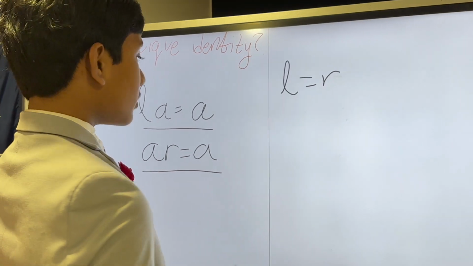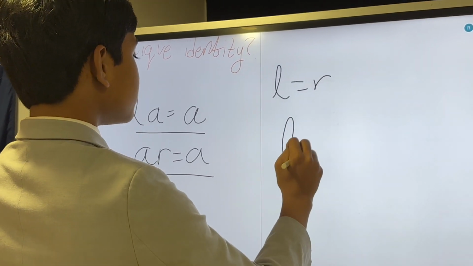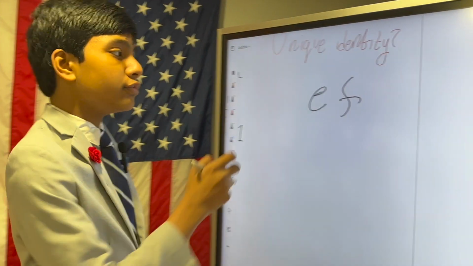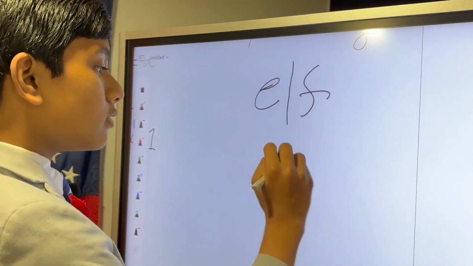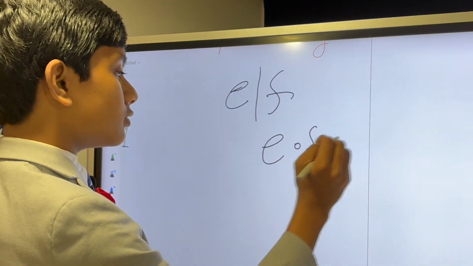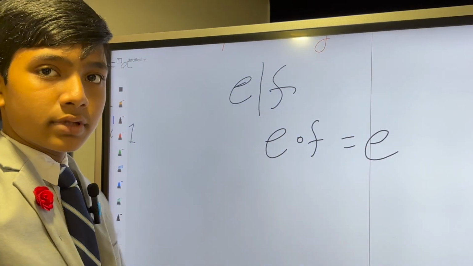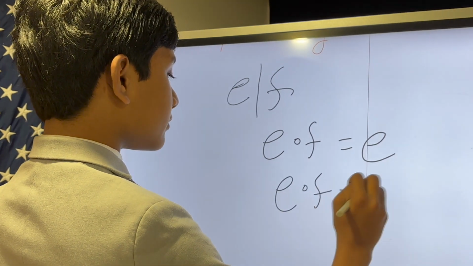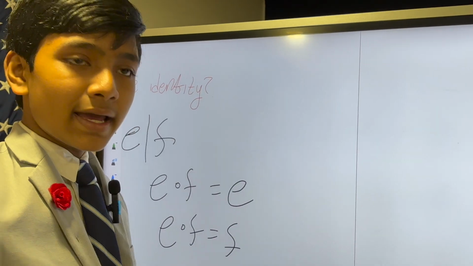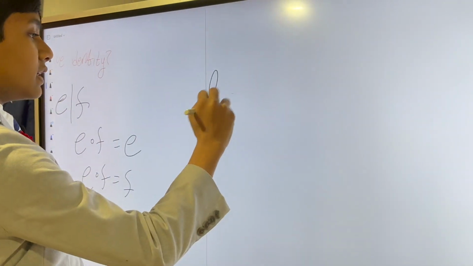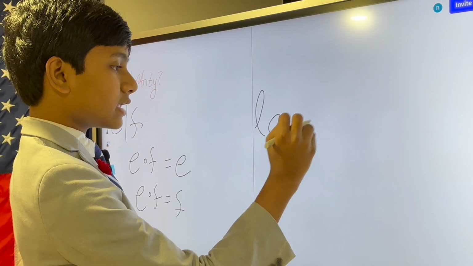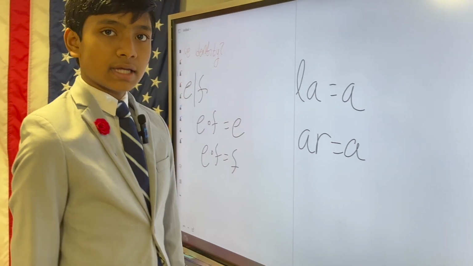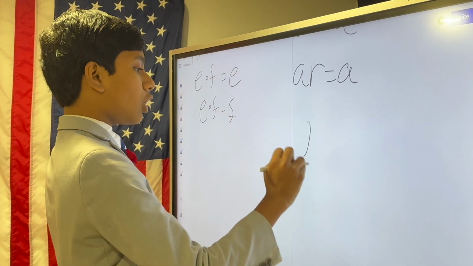So then, what would have to happen is, since we know there's an inverse for everything, our two non-unique identities, well then, we can just compose the two. And this can be equal to E, of course, or this can be equal to F. Or let's say we have maybe a left identity such that LA equals A, and a right identity such that AR equals A. Then what is LR?